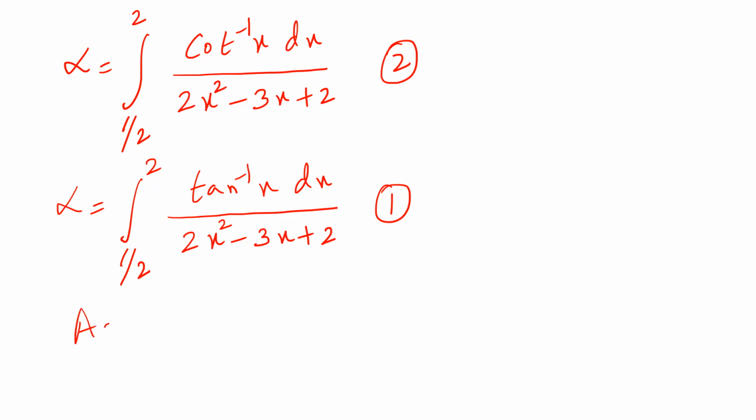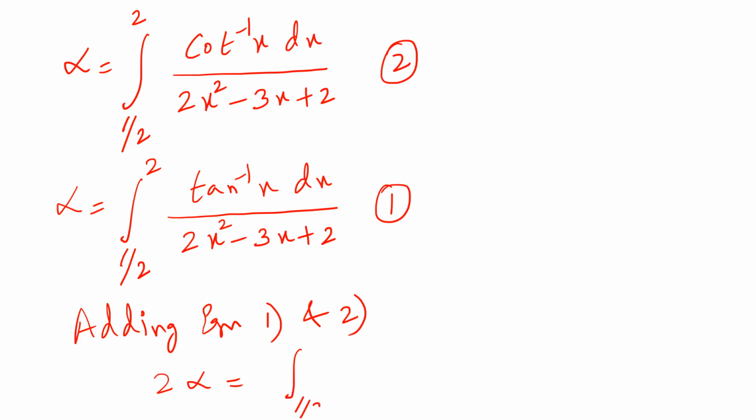Now students, add both of these equations. So when you add them, you get 2 alpha equal to integral 1 upon 2 to 2. Now in the numerator, we will have tan inverse x plus cot inverse x, which is nothing but pi upon 2 into dx whole divided upon 2x square minus 3x plus 2.